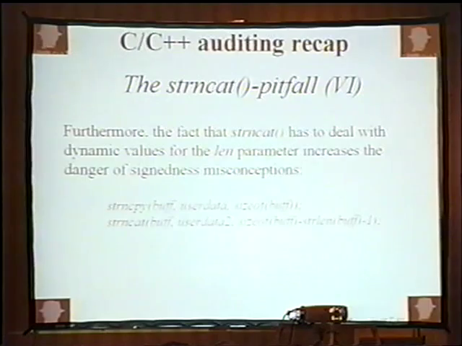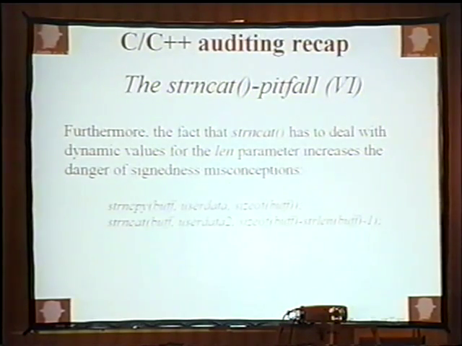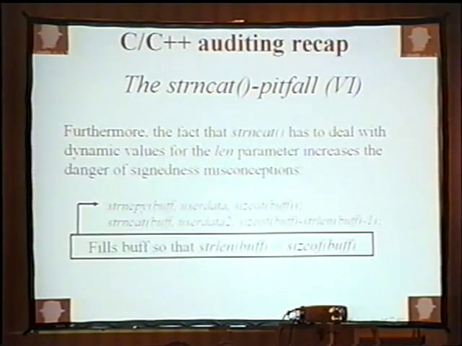The other reason why I love strncat is that it has to deal with dynamic values for the maximum length parameter. Dynamic values are evil in a way that programmers tend to neglect the fact that beneath 0, there's 4 gigabytes or 4 billion. So if you have code like this, the strncpy will fill the buffer completely so that the string length of the buffer equals the size of the buffer.